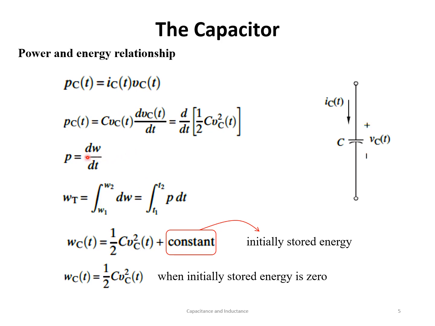As we also know that power is time rate of change of the energy, and energy is integral of power. If we integrate both sides of this expression, we have this from one energy level to another energy level. This energy level relates to time t1, and this energy level relates to time t2.